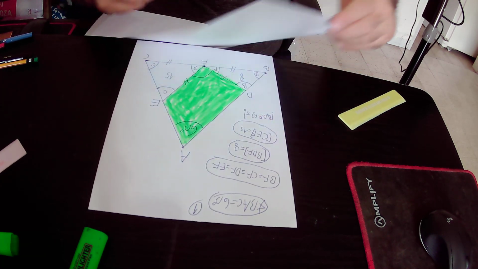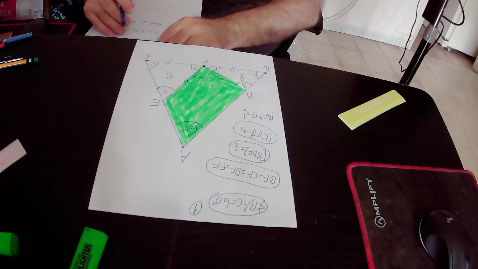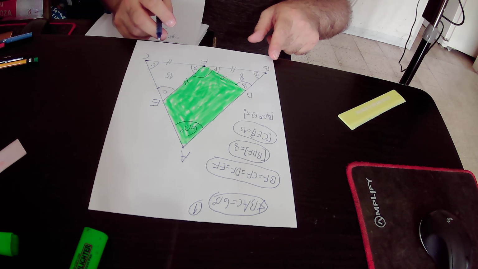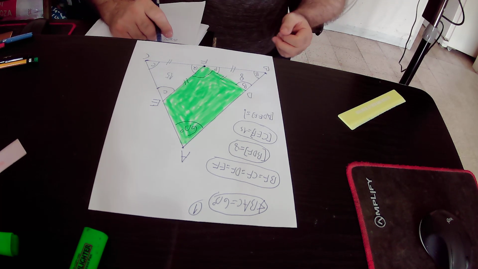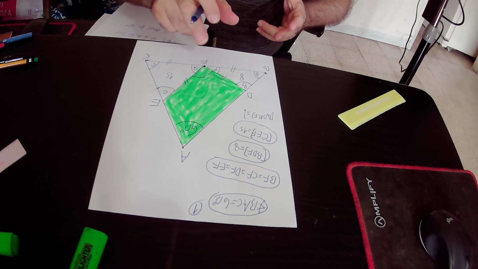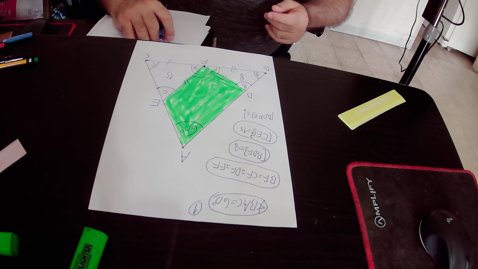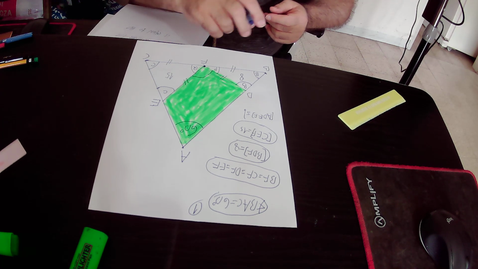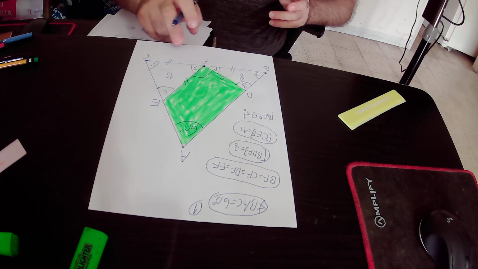Okay, so we know that BC is one side of triangle ABC, therefore BC is a straight line. So the sum of the angles at point F on the straight line BC must be equal to 180 degrees according to rule number 2.